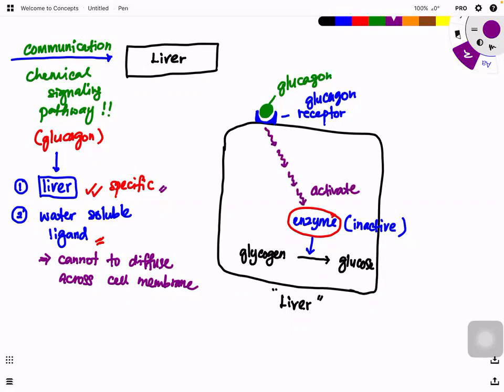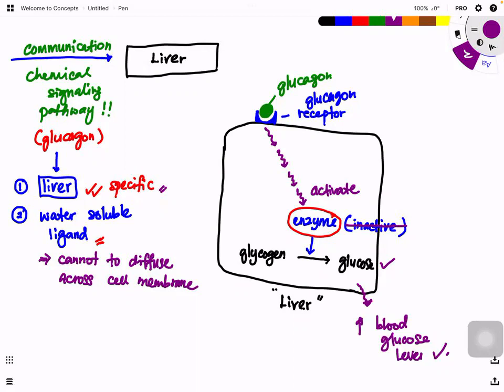Are you clear? A series of reactions until we are able to activate the enzyme. When we activate the enzyme, we get glucose. So glucose can now diffuse out by facilitated diffusion and then increase the blood glucose level. Are you clear? So get this.